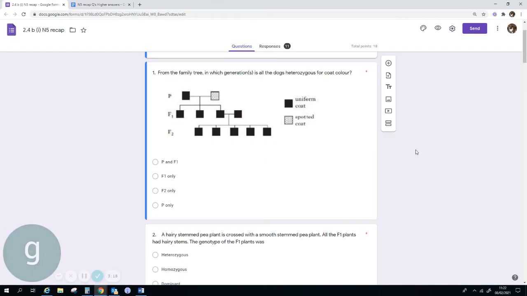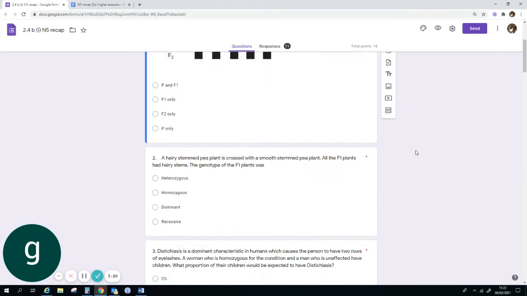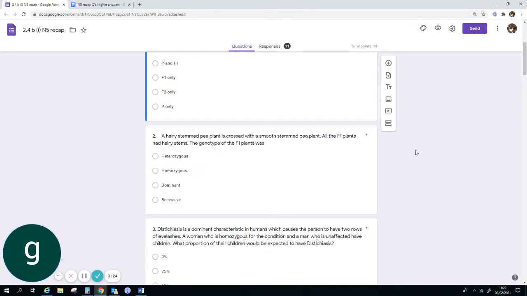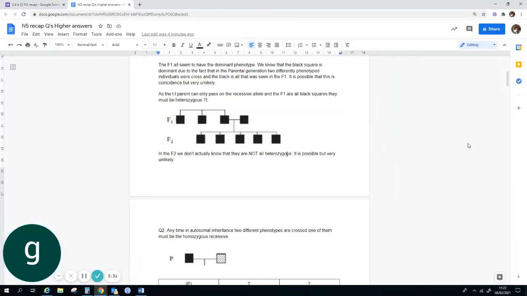For the next one, we're looking at a hairy-stemmed pea plant. It's crossed with a smooth-stemmed pea plant. All the F1 have hairy stems. What is the genotype of the F1 plants? So for this one, again, we've done a worked example here.